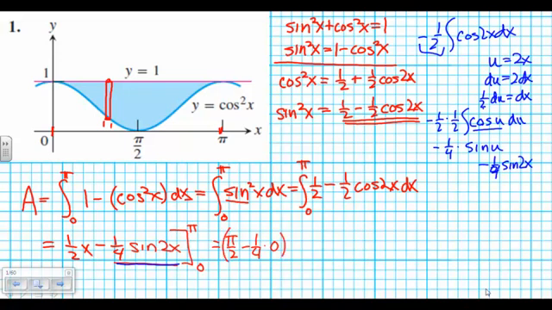There's my evaluation at the upper end. Let's subtract our evaluation at the low end, and I get 1/2 times 0 minus 1/4 of the sine of 0. Of course, that's 0 as well. So I've got a whole lot of zeros going on here. It looks like my final answer is pi over 2.